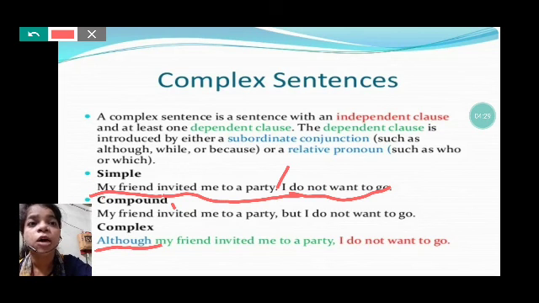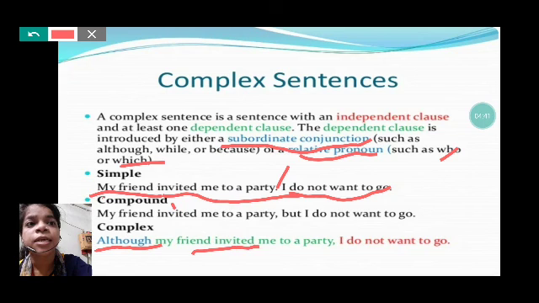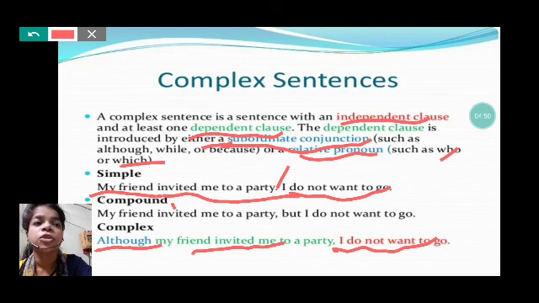What is although? It is a subordinating conjunction, or if there were any other word like this, it would be a relative pronoun. My friend invited me to a party is green, so it is a dependent clause, meaning subordinate clause. And I do not want to go is red, so this is the main clause.